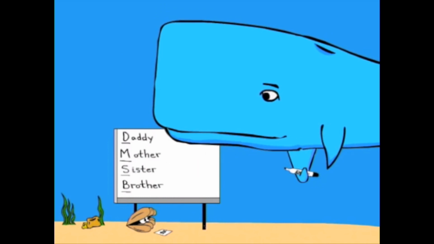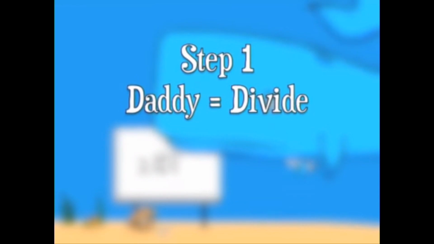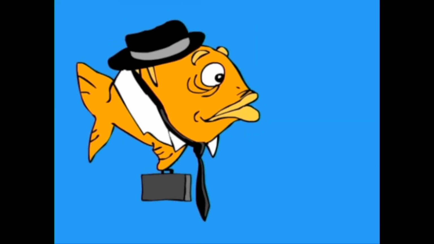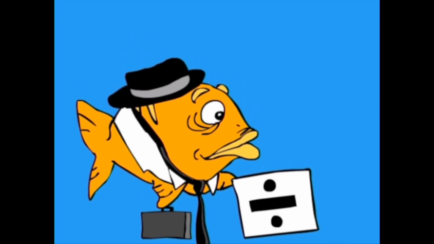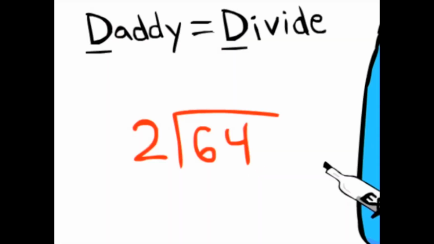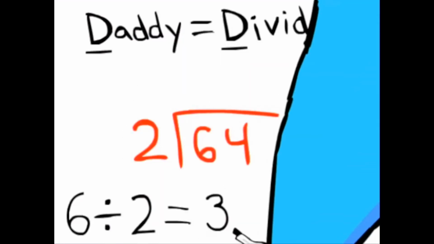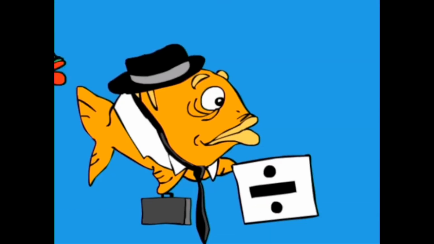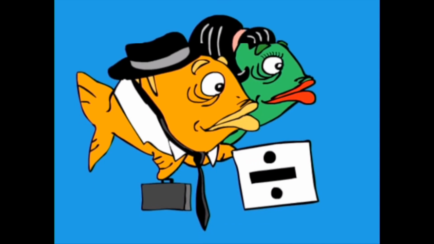The first letters, D, M, S, and B. It's an easy way to remember the step. Here, I'll show you. Daddy is divide. Mother is multiply.